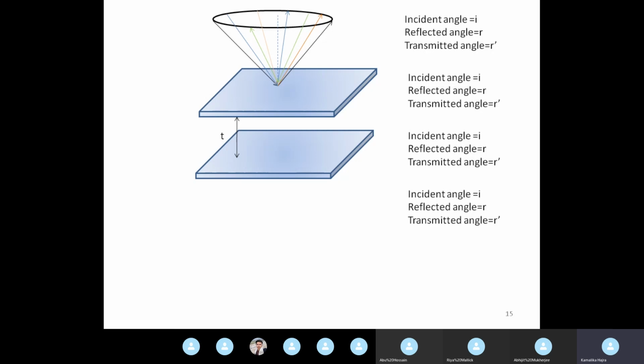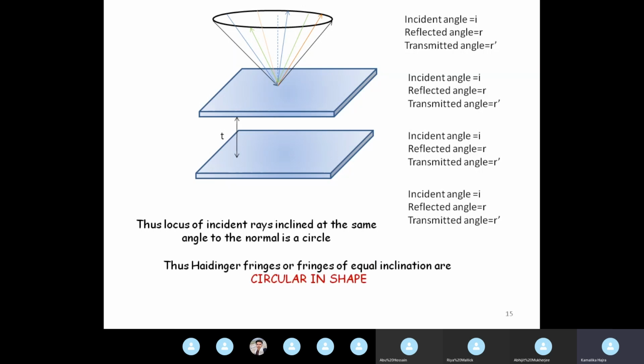Okay, so the locus of the incident rays inclined at the same angle to the normal is a circle, and therefore Haidinger fringes, or fringes of equal inclination, are circular in shape. So in thin parallel films, we get to see circular fringes.